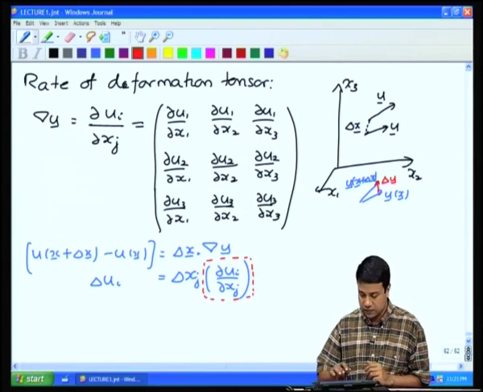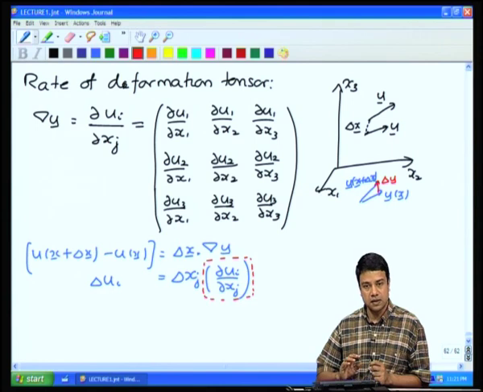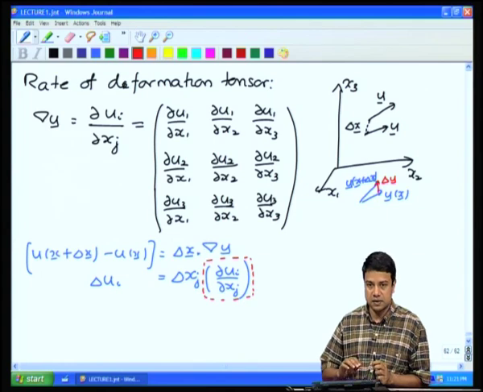So, therefore, this gradient of the velocity is something that is defined at each point in space. It is dependent upon position. It could depend upon time, because velocity itself is changing with time. It does not depend upon delta x. So, it is a function of the velocity field itself.